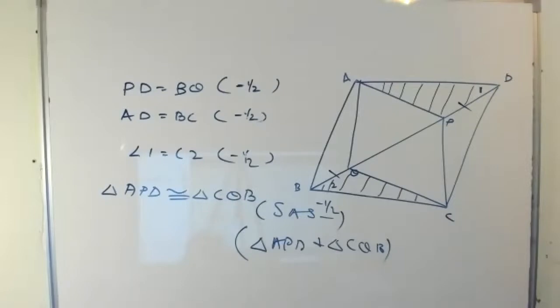Angle 1 is equal to angle 2, alternate angles. Triangle APD is congruent to triangle CQB by SAS congruence. Then second part, AP equal to CQ, right?